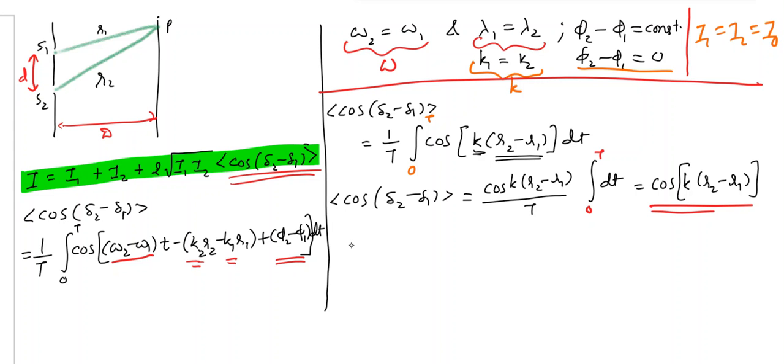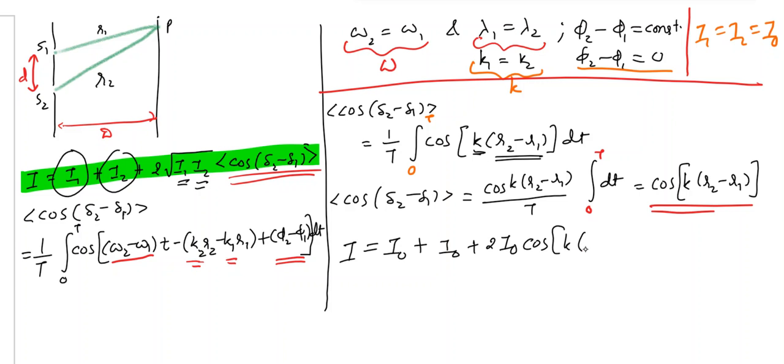Then I get I equal to, instead of I1, I write I0, and instead of I2, I write I0, because I'm talking about coherent waves, intensities are the same. And I0 into I0 will give me I0 squared. So that is again 2 I0 with cos k (R2 minus R1).